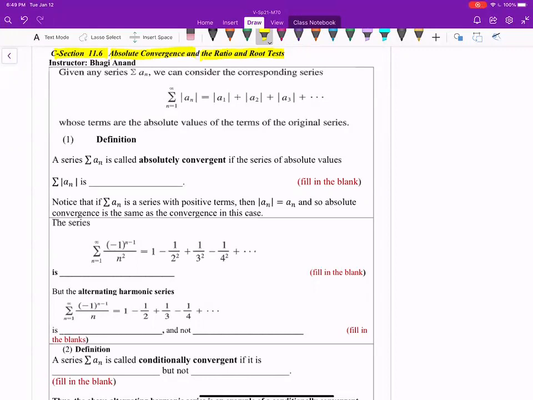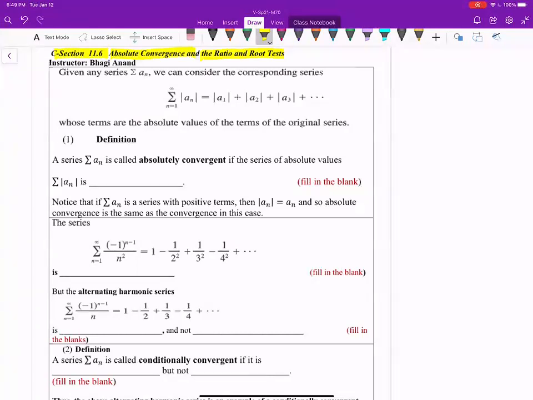Whenever you recognize a series as an alternating series, you will apply the alternating series test. It has certain requirements, and you verify those conditions, and then you decide whether the series is convergent or divergent.